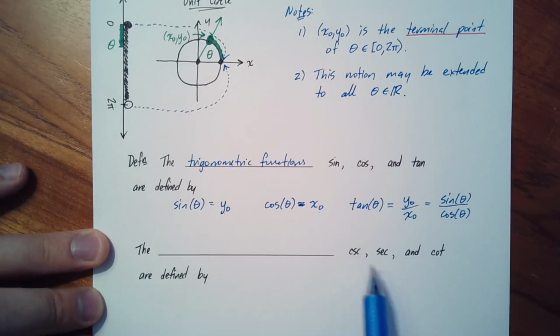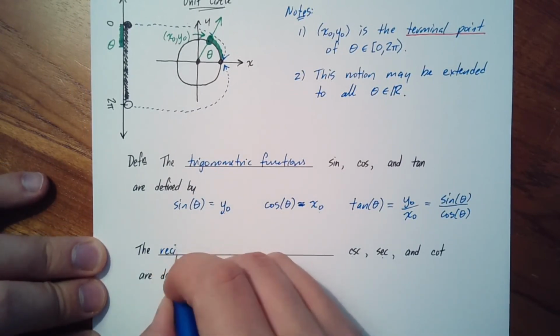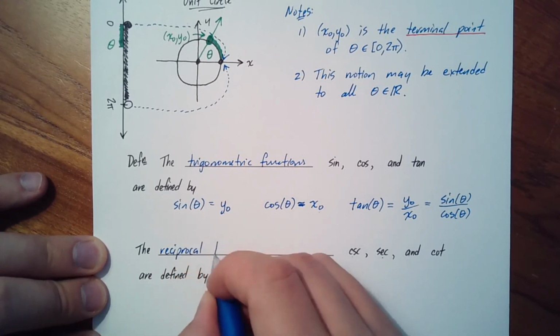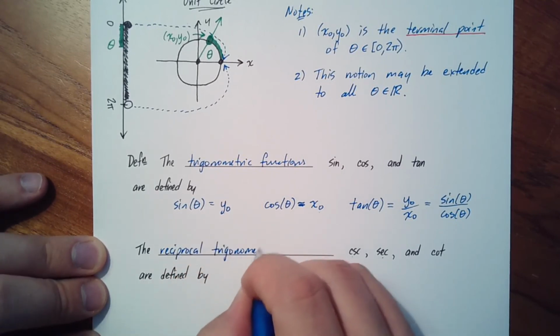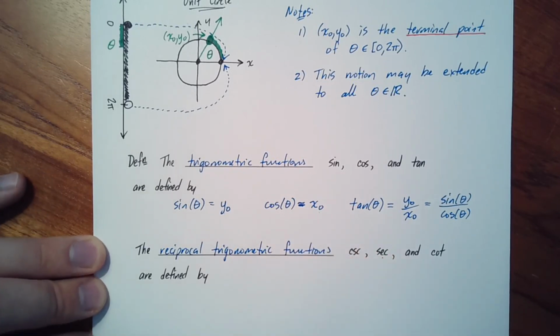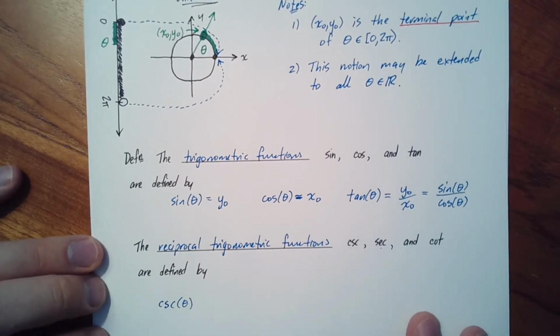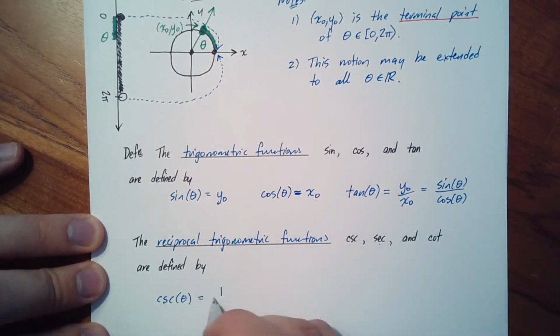Now there's also 3 other functions: cosecant, secant, and cotangent. Those are called the reciprocal trig functions. And they're defined as follows. If I want the cosecant of an angle theta, it's just 1 over sine of theta.